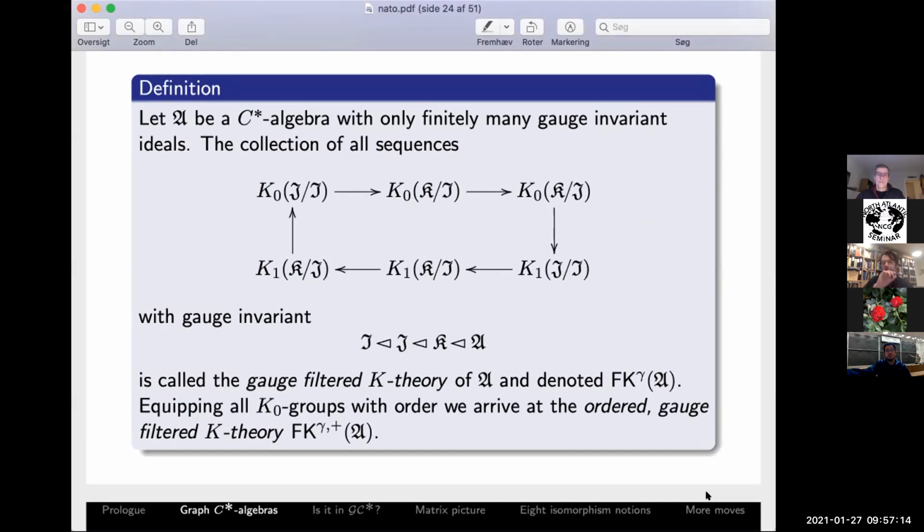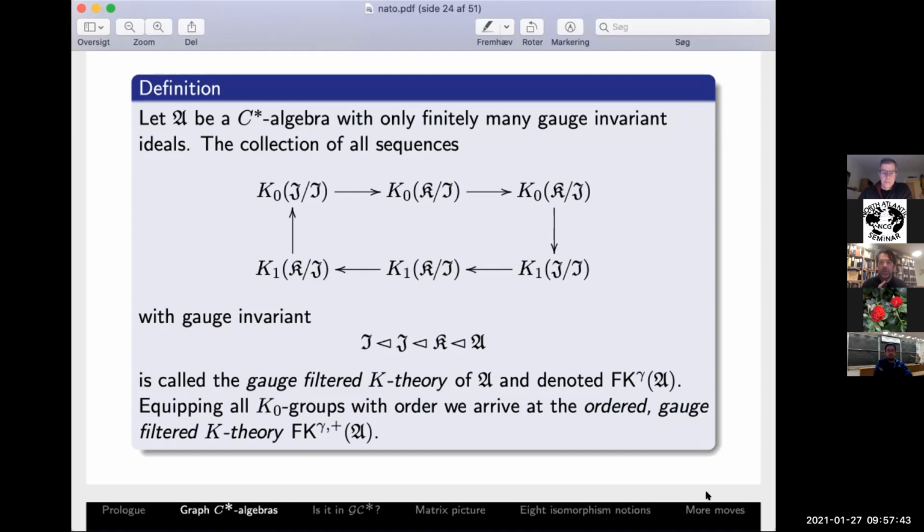Then I just look at only the 6-term exact sequences that come from gauge invariant extensions. We call this the gauge filtered K-theory, and we can put order on it in the same sense as before. This is very easy to compute based on the graph if the graph is not too big. And if there are only finitely many ideals, as in the first slide, then you can prove that all the ideals are gauge invariant.